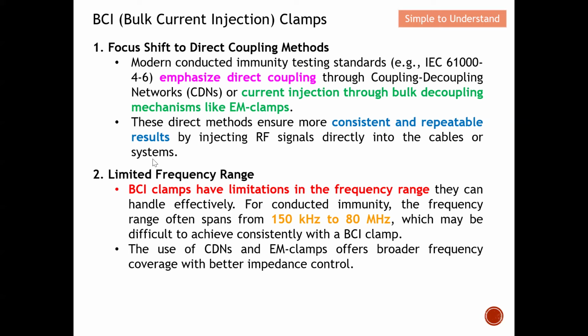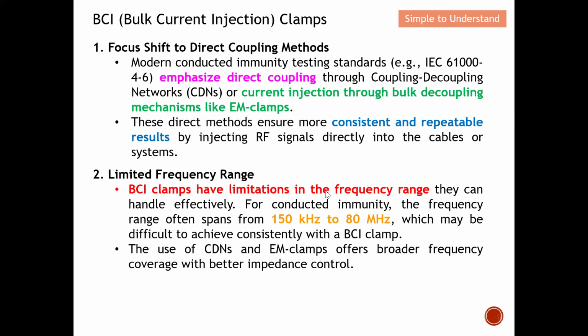Another reason is the limited frequency range. This method, BCI, has limitations in the frequency range. The frequency range for conducted immunity always gets updated, and once there's an update, potentially there will be a larger range of frequency that you need to test.